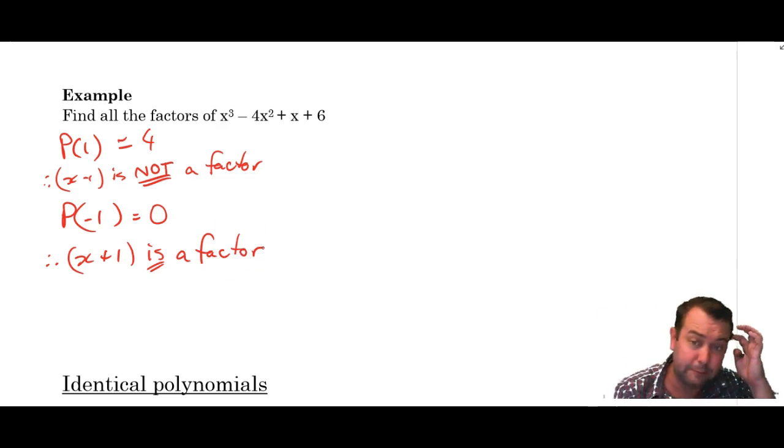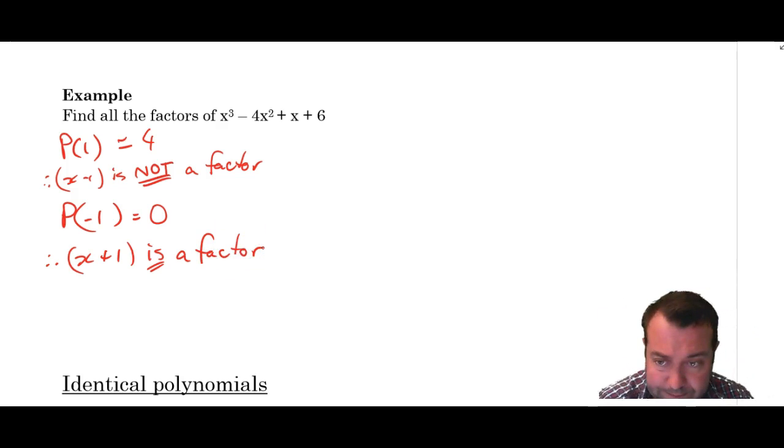What are we going to try next? Well, it can't be 6 or -6 because I've already tried 1 and -1. I've still got to find potentially 2 more roots, and they've got to have a product of 6, but I can't use any more 1s because we've already checked those.